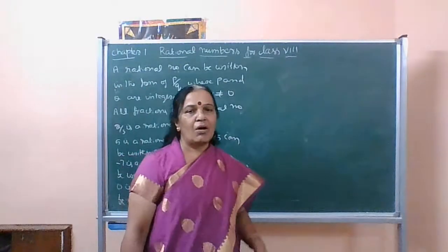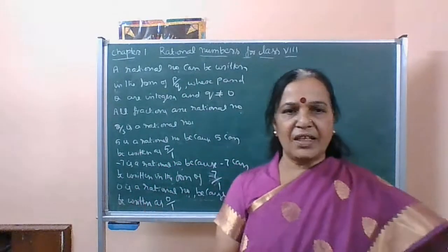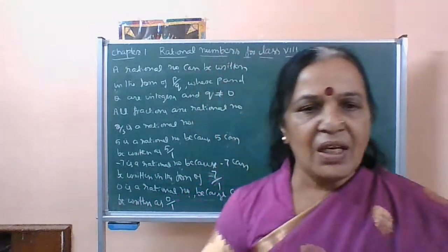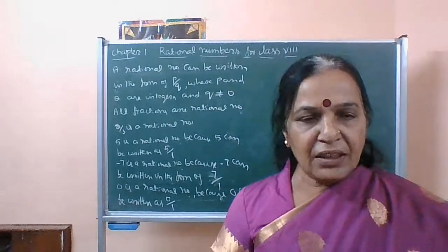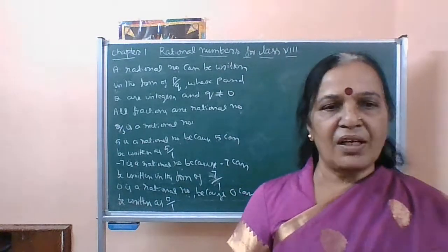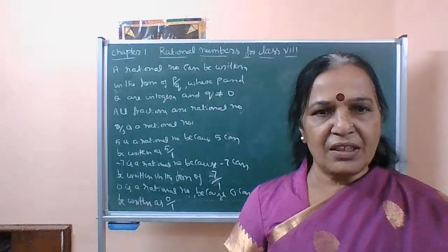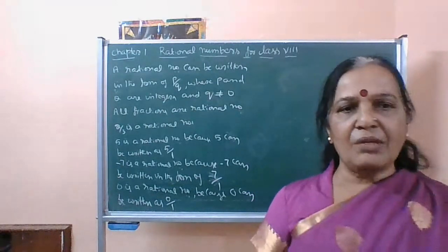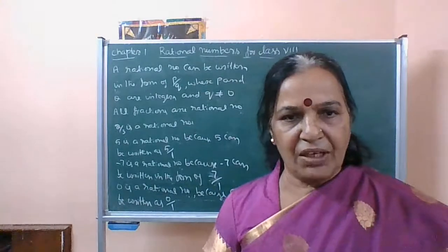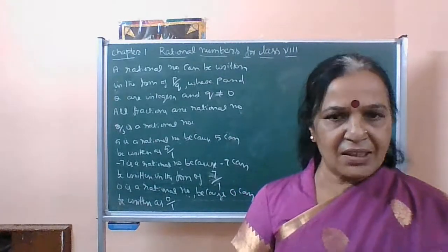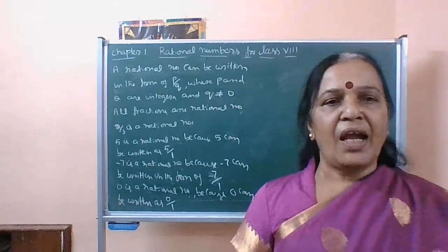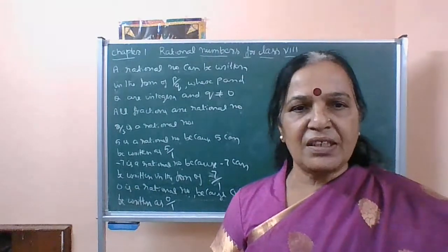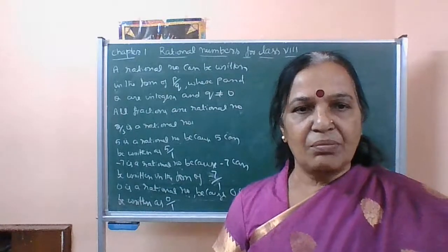That means all fractions are rational numbers because they are already in the form of P by Q, and all the integers are rational numbers because all integers can be written in the form of P by Q. That is, minus 8 can be written as minus 8 by 1, 10 can be written as 10 by 1. And these rational numbers can be represented on the number line.